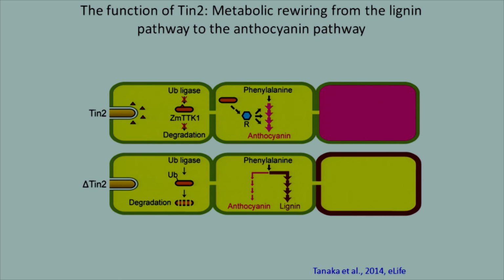And what we see instead is that there is an upregulation of lignification. And lignin and anthocyanin use the same precursor, p-coumarate. And we believe that the fungus channels the pathway into anthocyanin biosynthesis to prevent lignification.